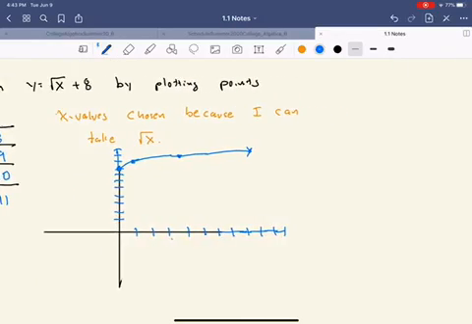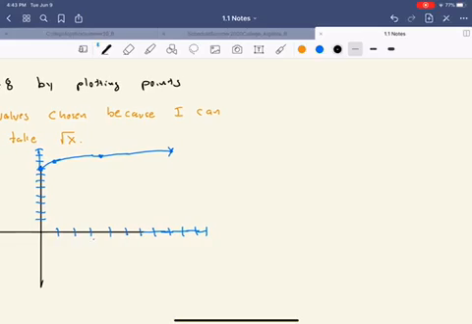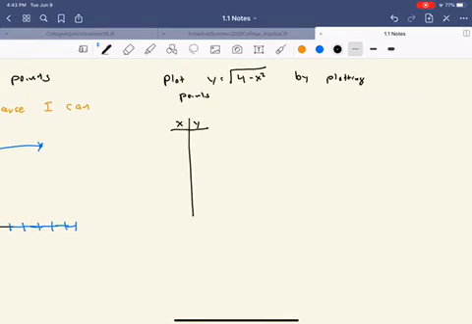Okay, let's plot another one. Let's plot y equals square root of 4 minus x squared by plotting points. Okay, now, again, I'm going to make an XY chart.